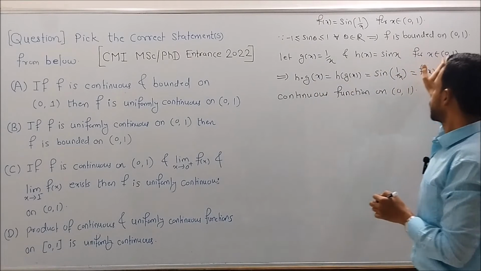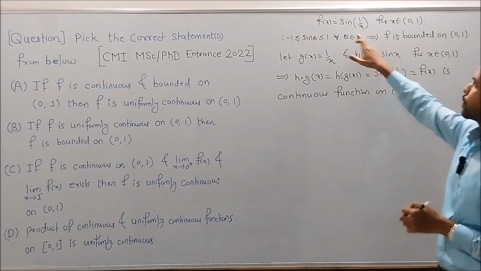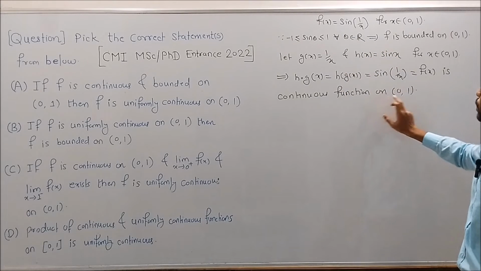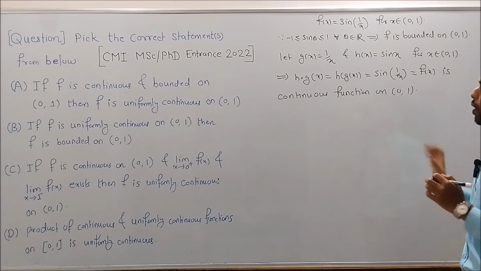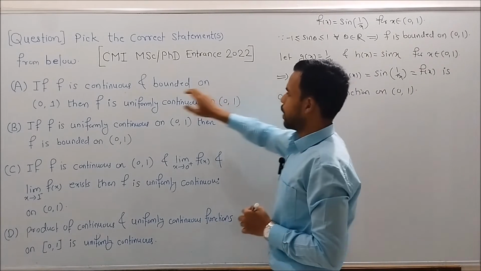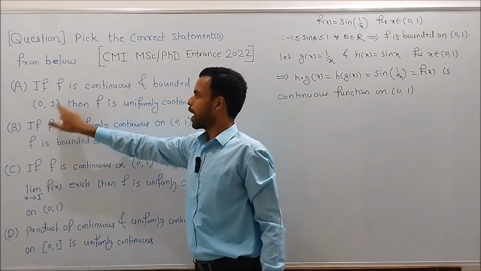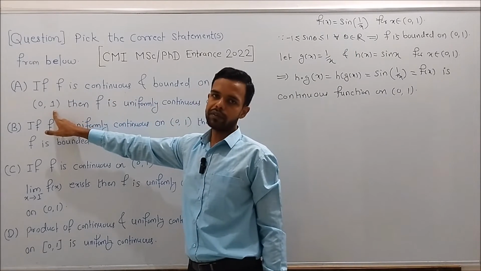Here h and g are continuous functions on (0, 1), so their composition, sin(1/x), that is our function f(x), is continuous on (0, 1). So up to now we have shown that our function f is bounded on (0, 1) and f is continuous on (0, 1).